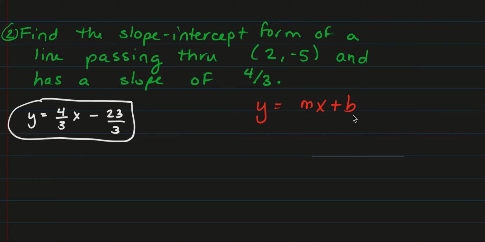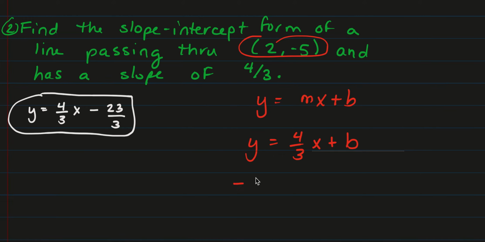So, using this form, we know what the slope is. It's 4/3. So we have y is equal to 4/3 x plus b. And now we're going to use this point here. I'm going to plug in 2 for x and -5 for y and solve for b. Once I solve for b, then I can write the slope-intercept form of the line.